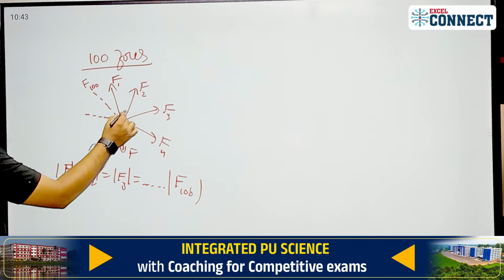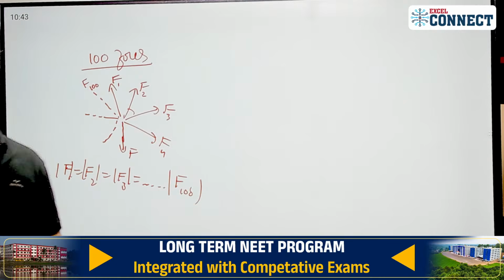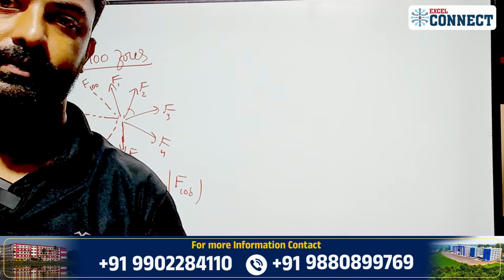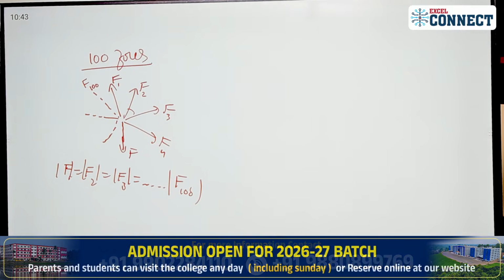What should be the angle here? It is 3.6, right? Simply it is 360 by n.